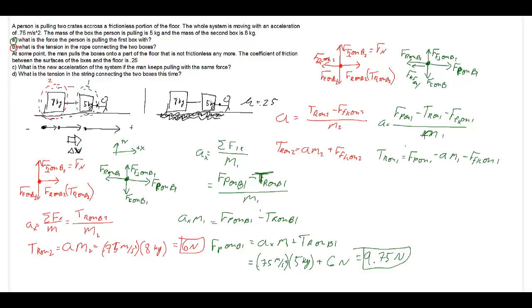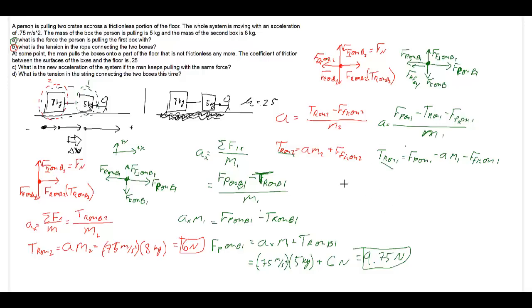If you're not sure how that is, just go through the steps of isolating the tension. Now we can set these two equations equal to each other because we know that the tension on 2 and the tension on 1 in the string and the rope are both the same.